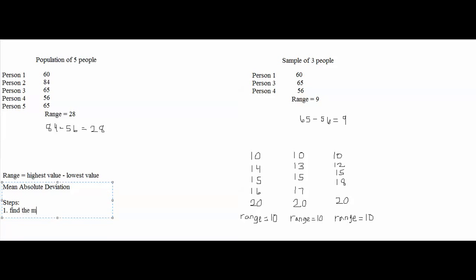First we have to find the mean of the data set. Next we have to subtract each data value by the mean to get values called deviations.